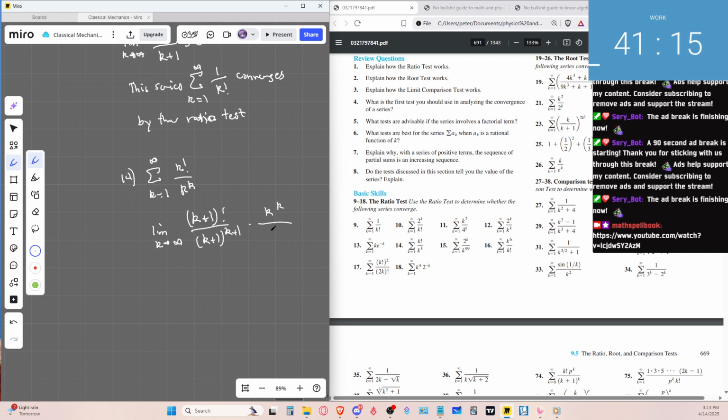k to the k, and then we just have to do some quick reduction. So (k plus 1) factorial is (k plus 1) times k factorial. And this one we have k to the k.